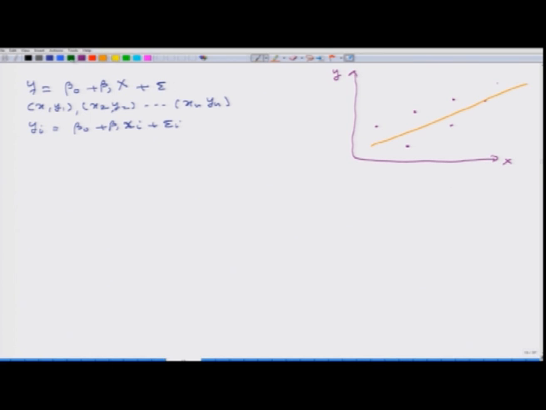This is my x1 y1 and this is my x2 y2. So this line, in more technical terms, is the line which we want to fit, and this is essentially the line y equals beta 0 plus beta 1 x.